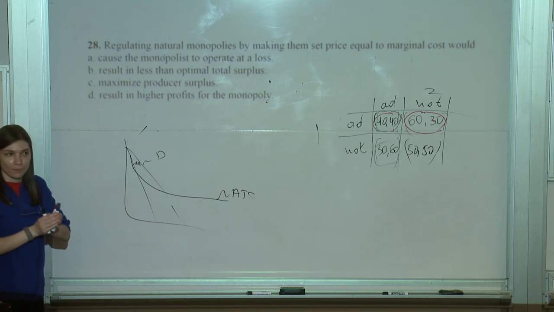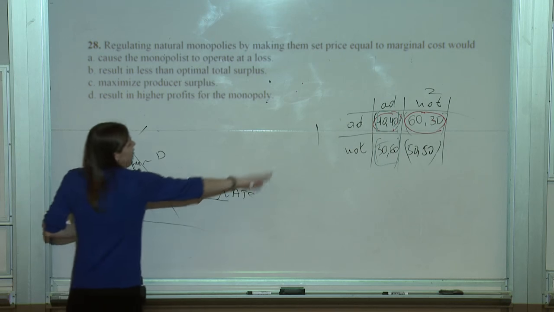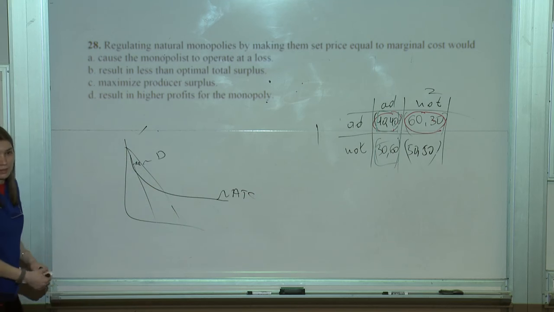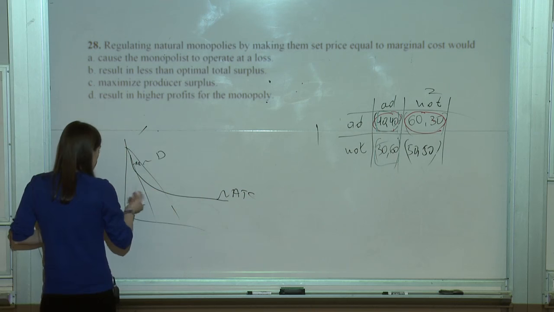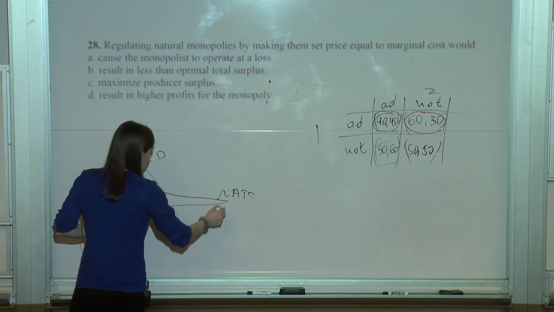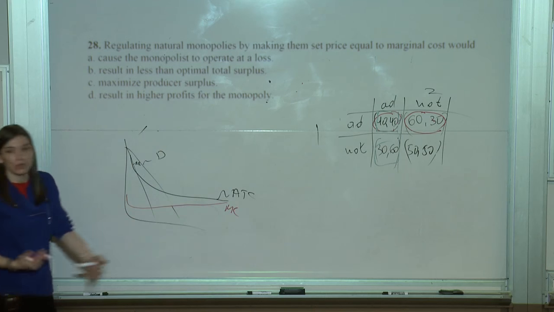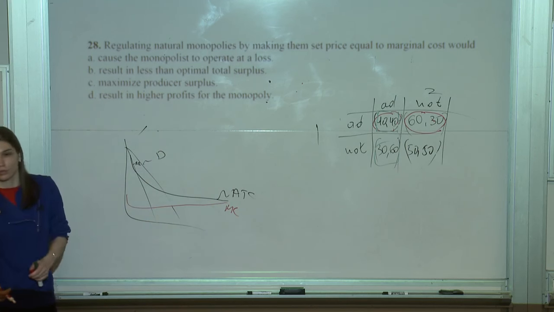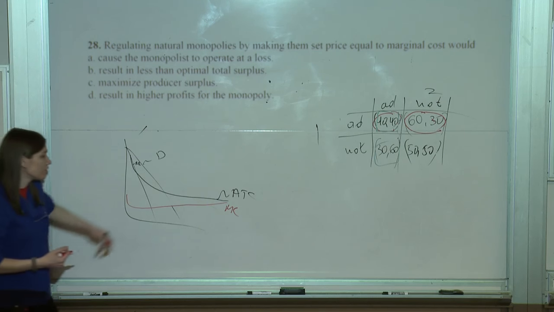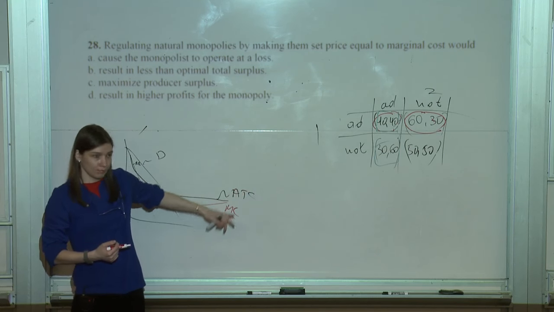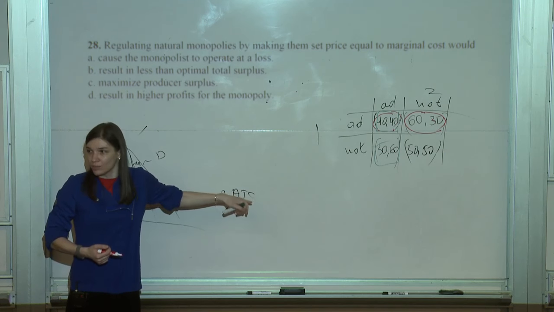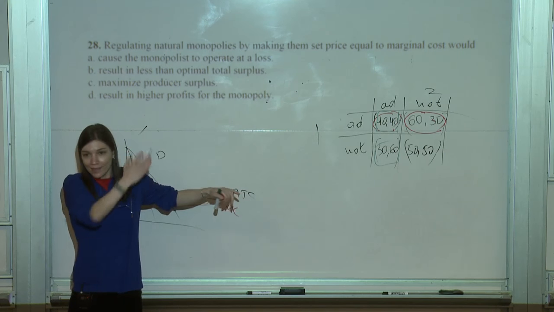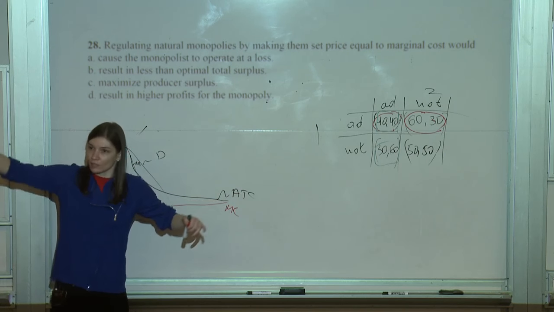It's going to intersect way out there. I don't know how to draw this. Maybe this way. So basically marginal cost is always going to be lower than average total cost, at least in the interval that we are considering here. That makes it a natural monopoly. Because if it were to intersect or move above the average total cost, that would mean we've reached the minimum of average total cost. And we know by definition it's going to be decreasing, so it cannot start increasing.